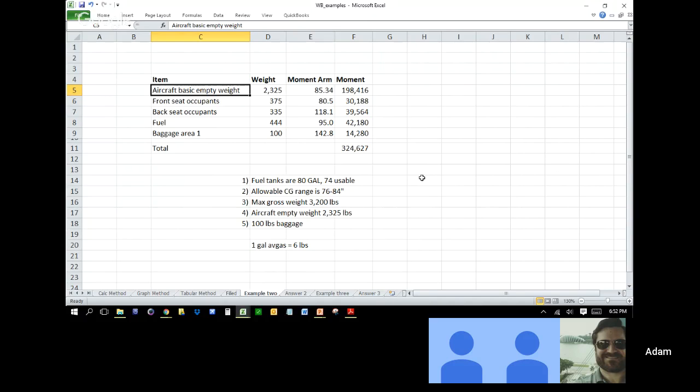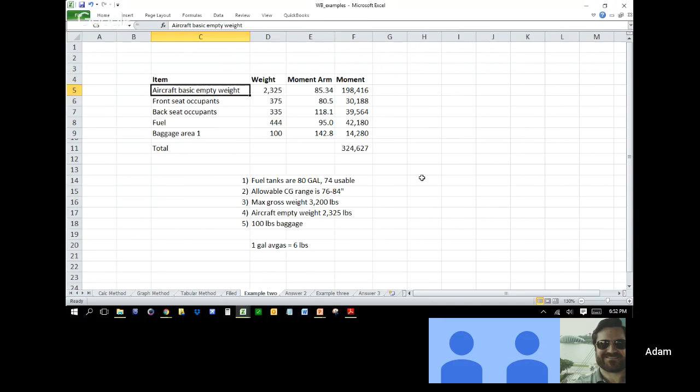In the aircraft fuel tank, similar to your car tank, there's a portion of the tank that's not usable. Meaning, if your engine runs out of gas, there's still a little bit of fuel in the tank. For this example aircraft, 6 gallons total are not usable, and that weight is included in the empty weight, so it's already in this 2325 number. So when I calculate fuel, I'm only going to calculate the usable amount.